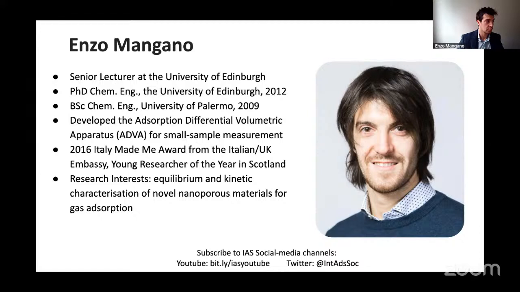More recently, he has developed a novel adsorption differential volumetric apparatus, ADVA, for highly accurate measurements of equilibria and kinetics at high pressure using small sample masses. His current research focus is on the measurement of high-pressure adsorption on porous materials for a number of applications, including gas storage, transport, and pressure swing adsorption. Dr. Mangano was awarded the 2016 Italy Made Me Award from the Italian UK Embassy as Young Italian Researcher of the Year in Scotland, and he has published 47 publications in the field of adsorption with over 4,500 citations.